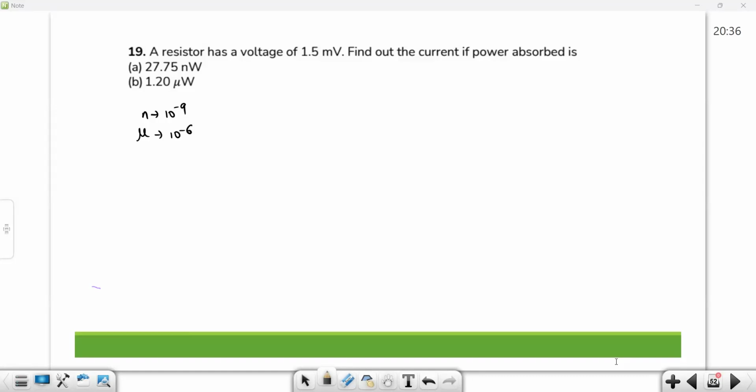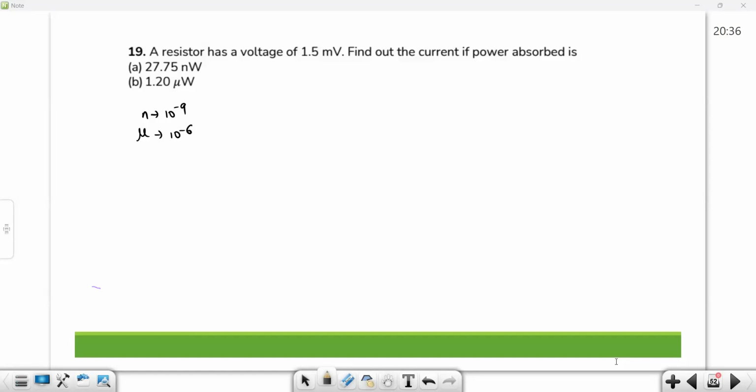Prasanna, B is equal to 0.8 milliamp. 18.5. B is correct. Option A. Lavanya, you please check the number you are telling is correct. But is it nano? 18.5 is correct. But is it nano ampere?